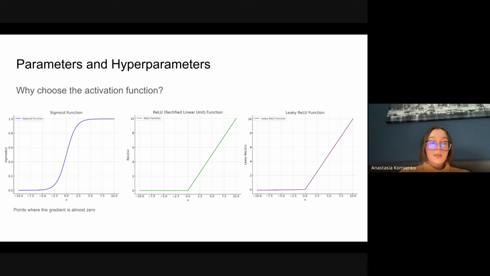That's why some very smart people came up with the ReLU function. It's a rectified linear unit.